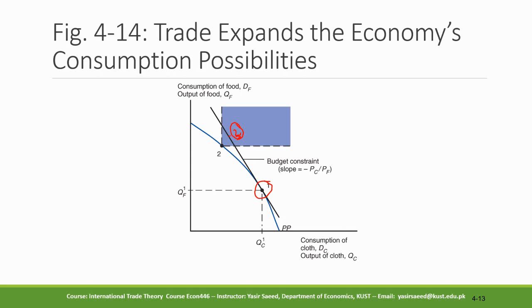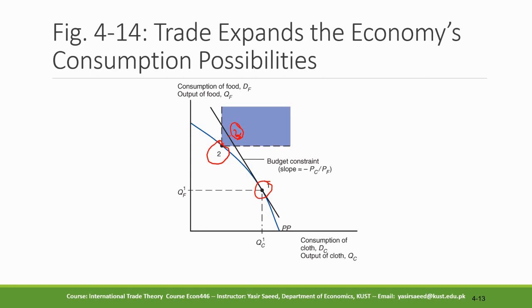The advantage of consumption at point 3 is that we are not able to produce this much quantity. We are able to produce on point 2. We are not able to produce more than that. But because of trade, we are able to consume much higher than that. We are able to consume at point 3.